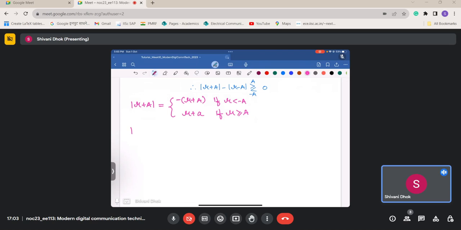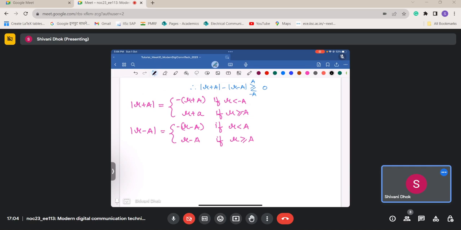Similarly, if we look at magnitude r minus a, then this is equal to minus of r minus a if r is less than a, and it is equal to r minus a if r is greater than or equal to a. This is a minus sign here, sorry. Yeah, so this is what we are having.